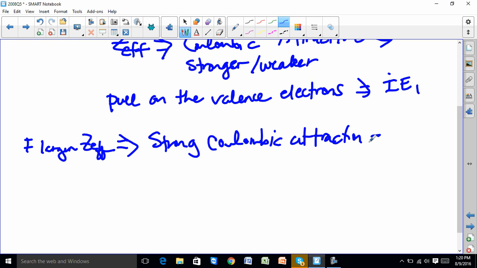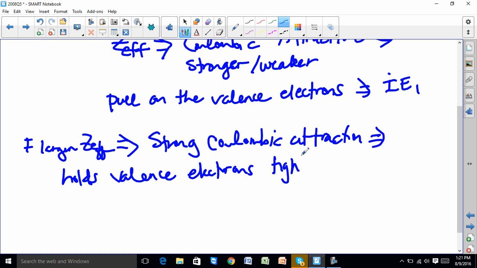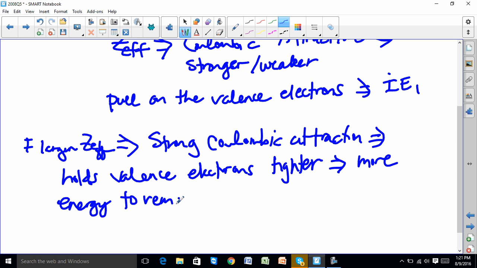And this causes it to hold valence electrons tighter. And then this results in more energy to remove a valence electron.